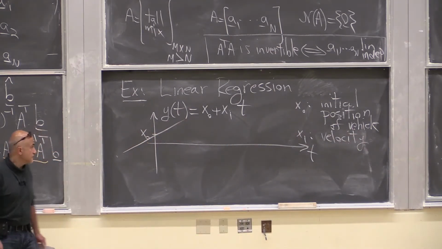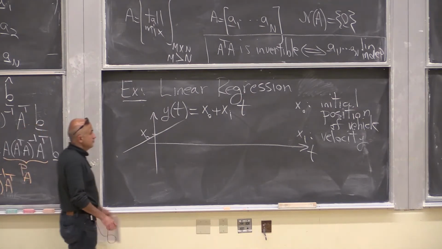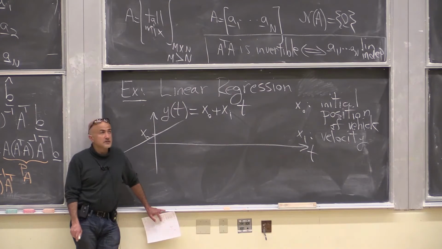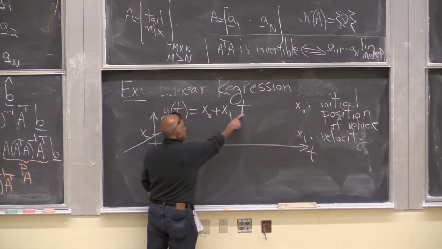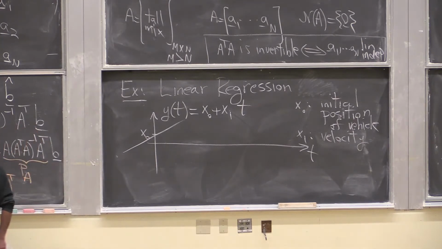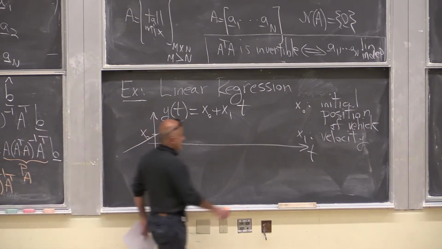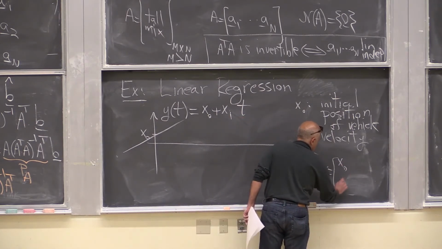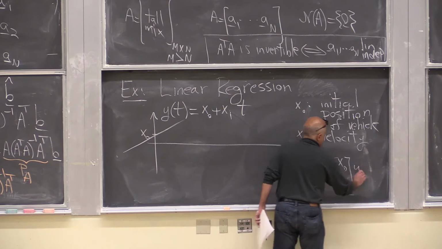You're assuming that the vehicle moves at a constant velocity. That's your assumption. That's your model. So your model is according to this equation. Okay? So these are unknowns. The vector x is unknown.